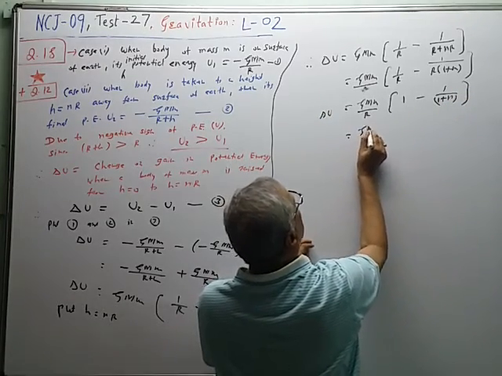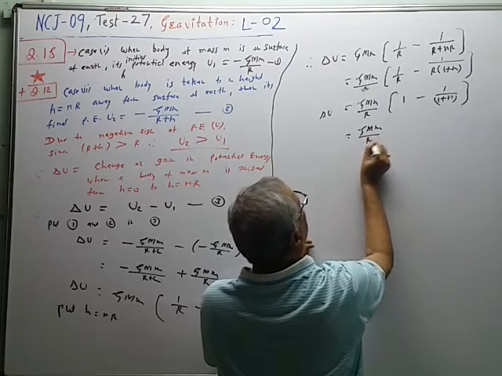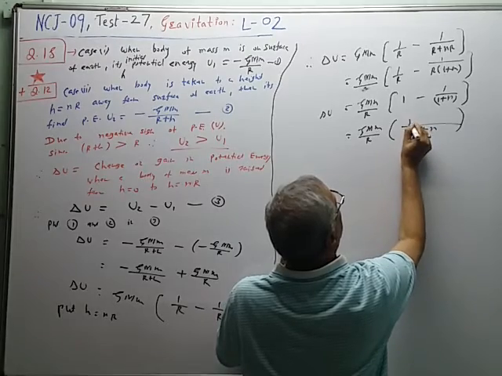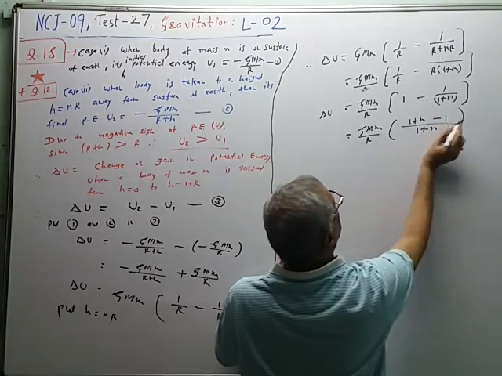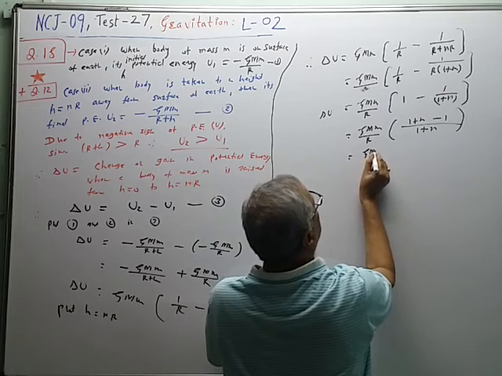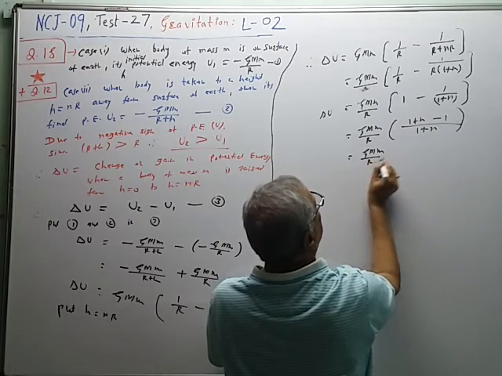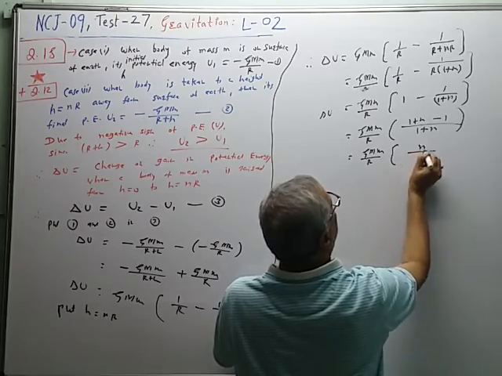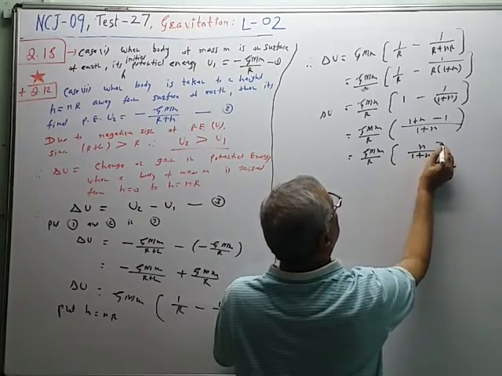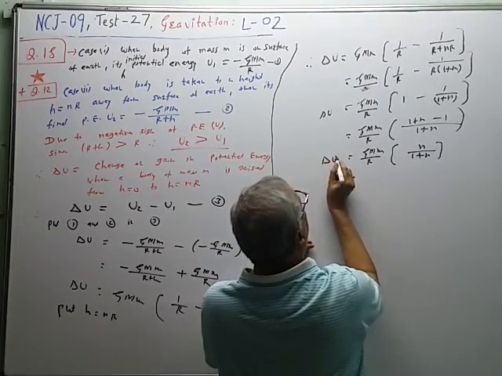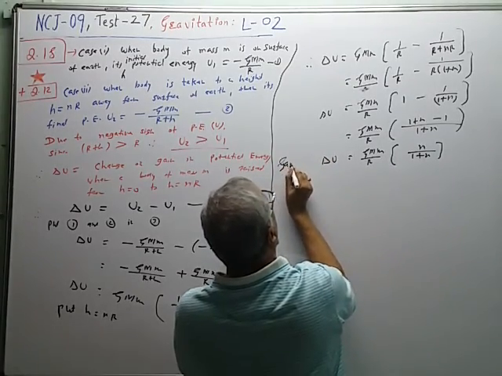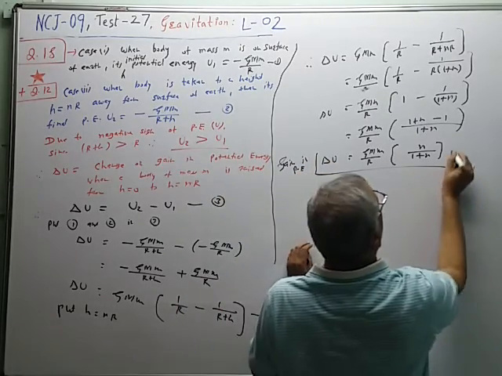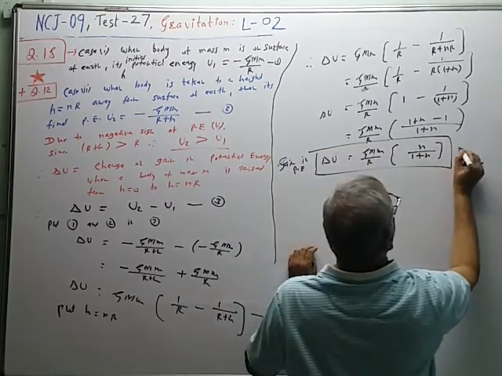So this is equal to GMm upon R into bracket, LCM is 1 plus n, so 1 plus n minus 1, so GMm upon R into bracket n upon 1 plus n. Gain in PE is equal to this, equation capital A.